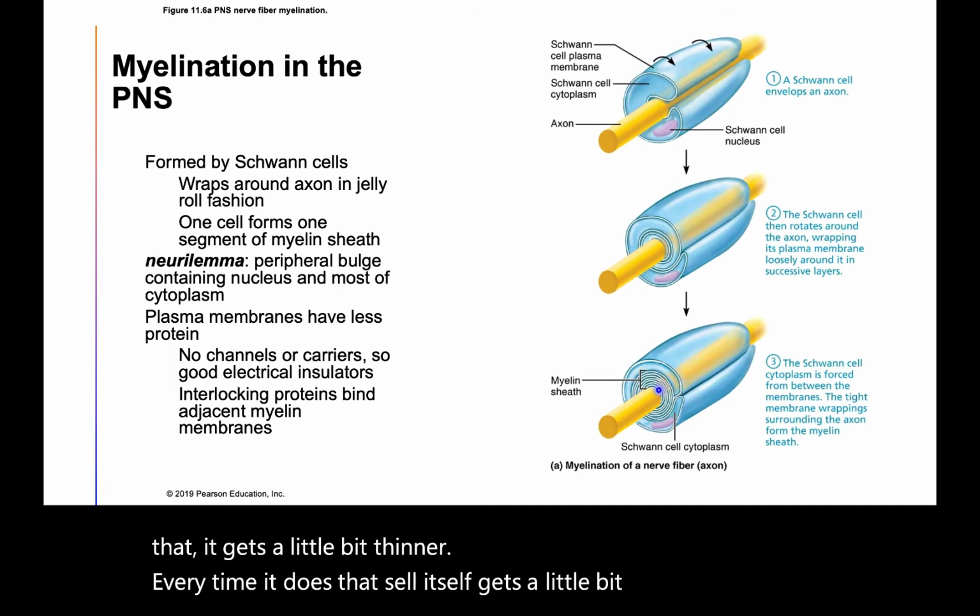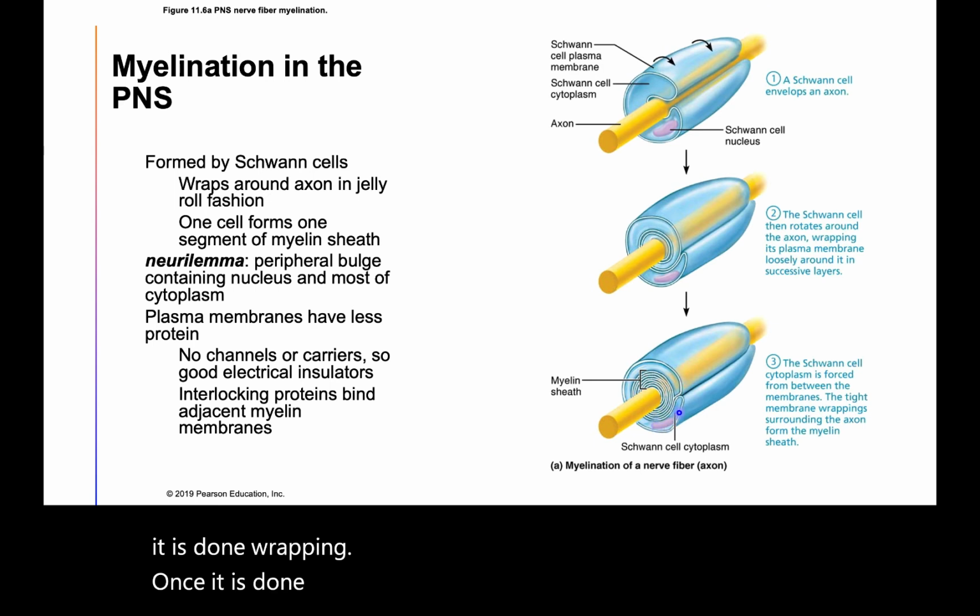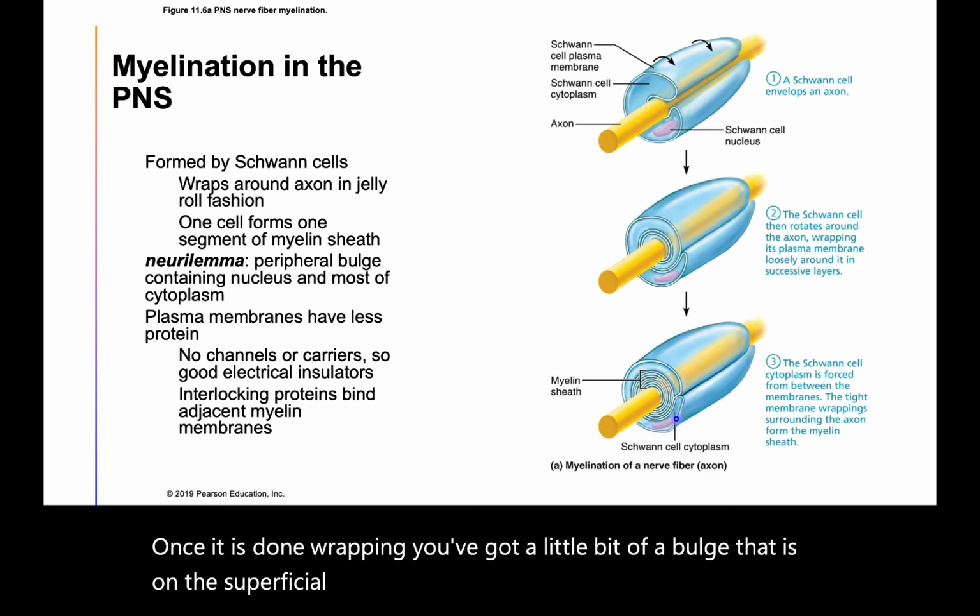Now, once it is done wrapping, you've got a little bit of a bulge on the superficial edge of the newly created segment of myelin.